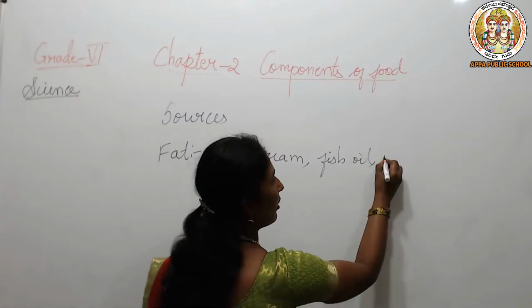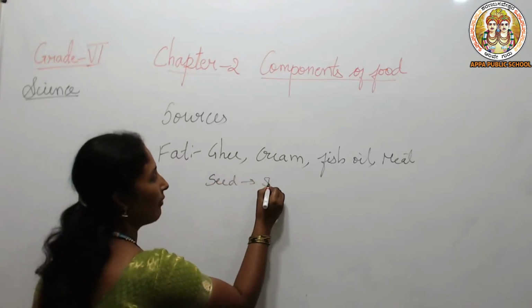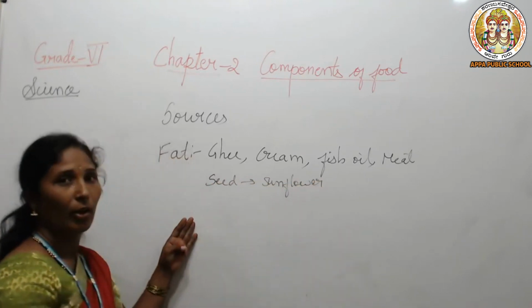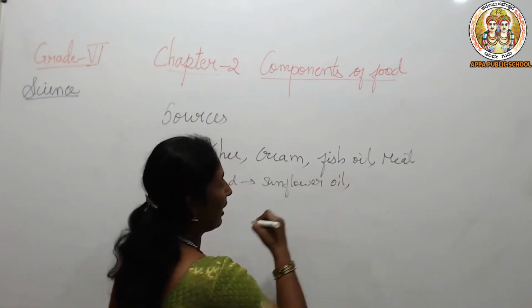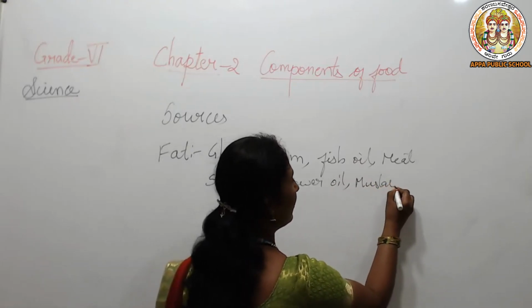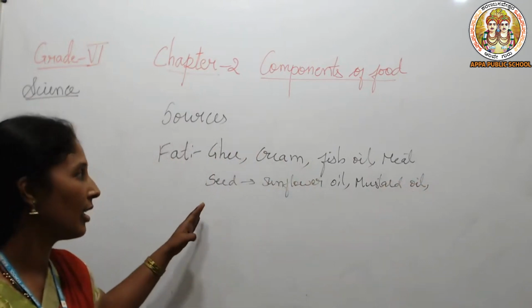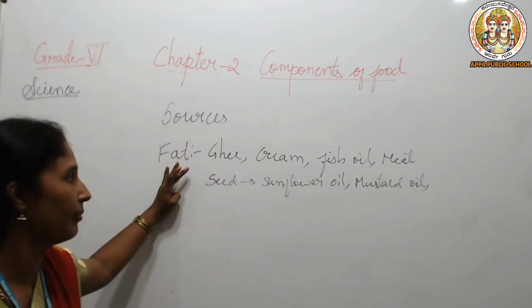From plants, all types of seeds like sunflower, yes, all oils are obtained from the seeds. So sunflower oil, mustard oil, yes, this way our body will get fat.